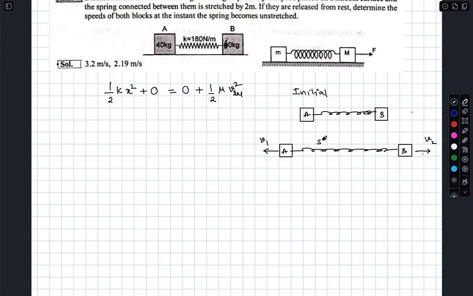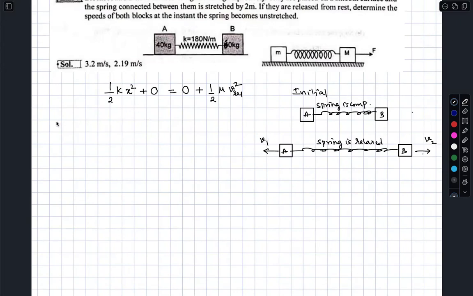At this stage, spring relaxed. Spring is compressed.